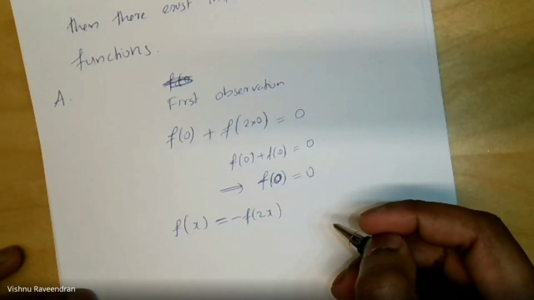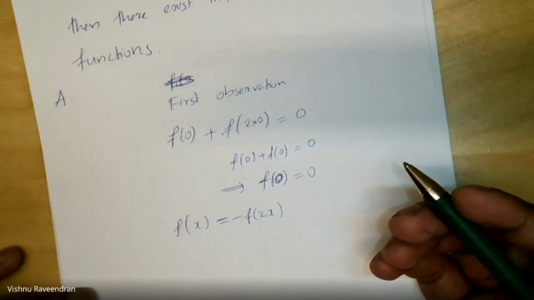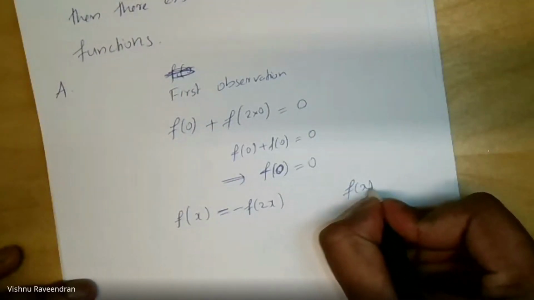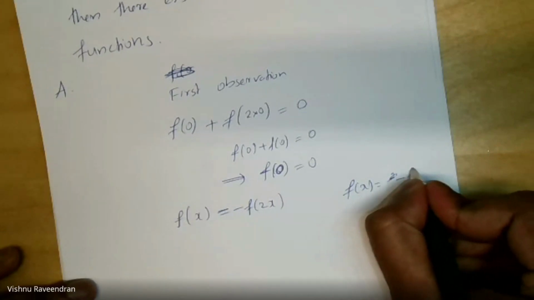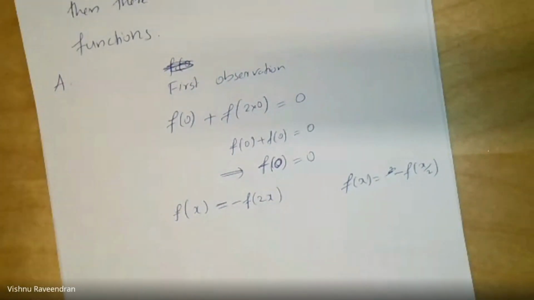Yes, it will be a bounded function. But can you say how many of them there are, infinitely many or not? f(x) equals minus f(x by 2). Yes, that also equals minus f(x by 2). We need this observation actually.